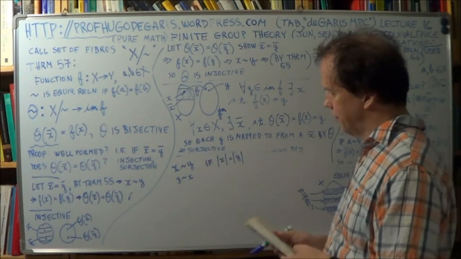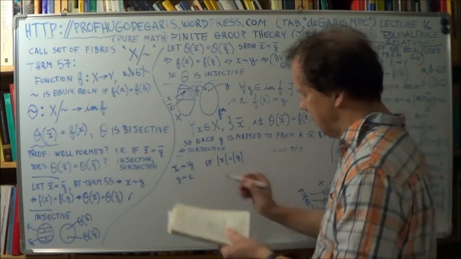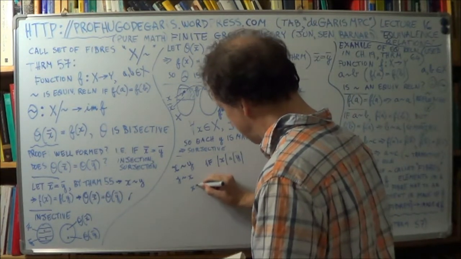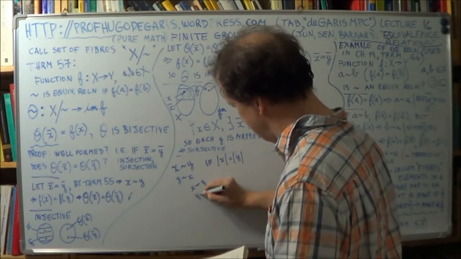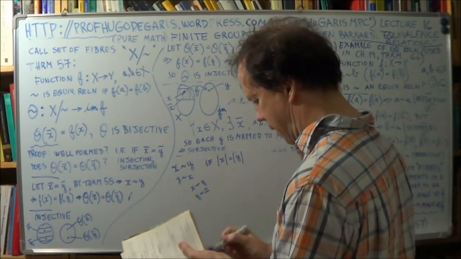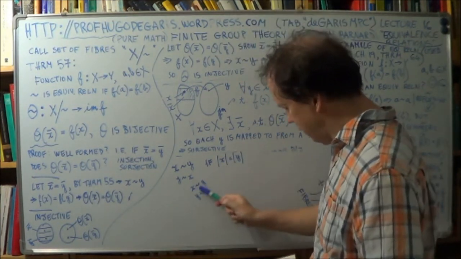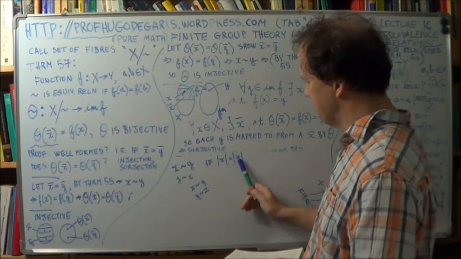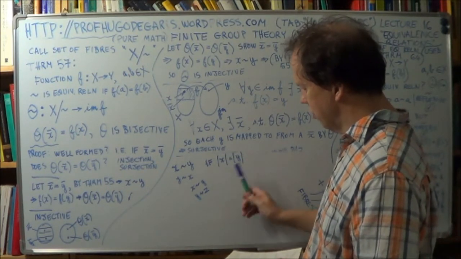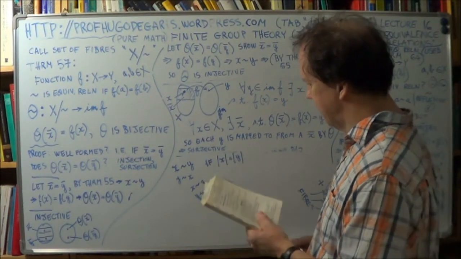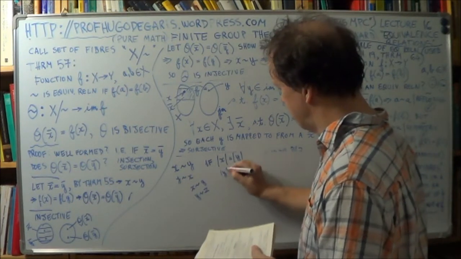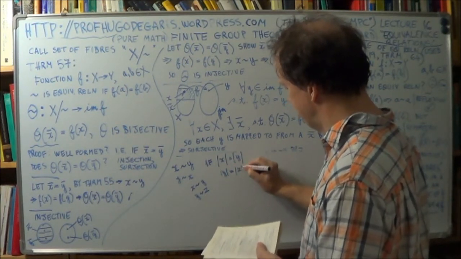Now, how about transitive? If x is equivalent to y and y is equivalent to z, that means mod x equals mod y, and mod y equals mod z.